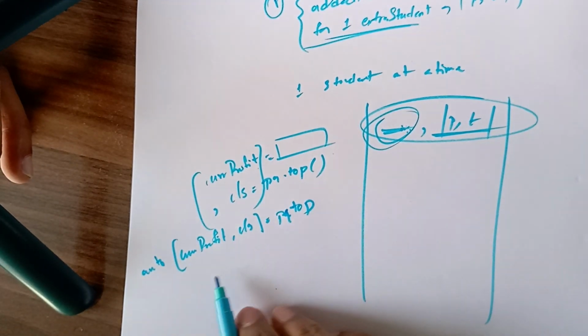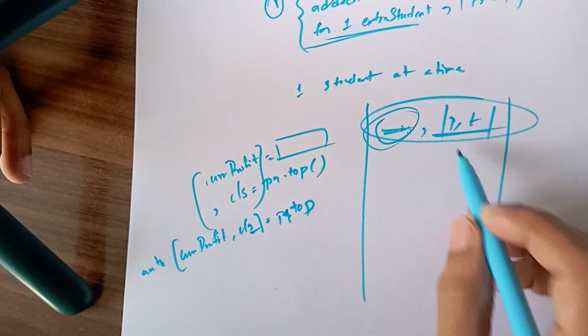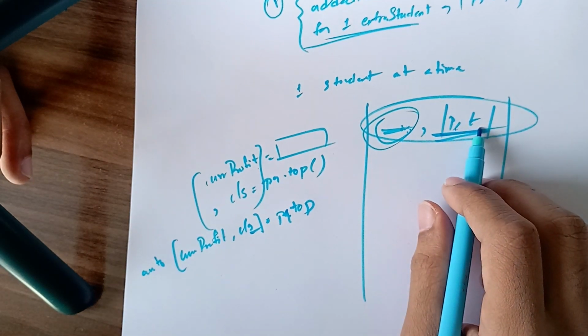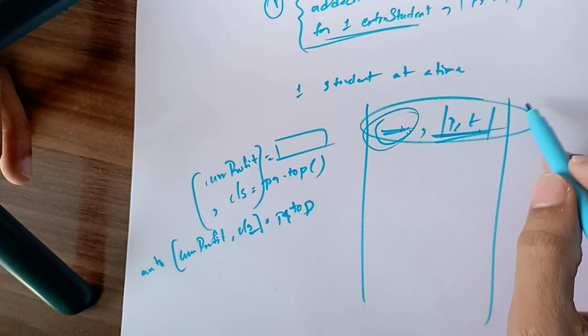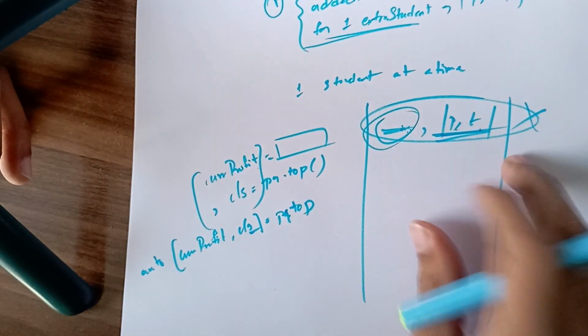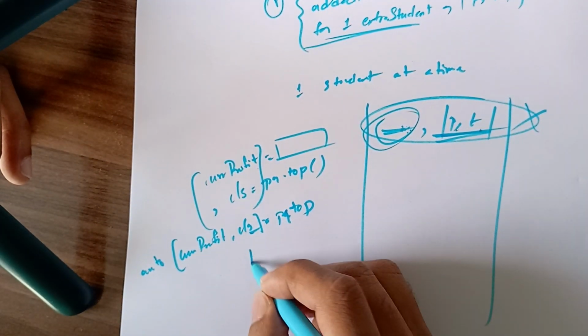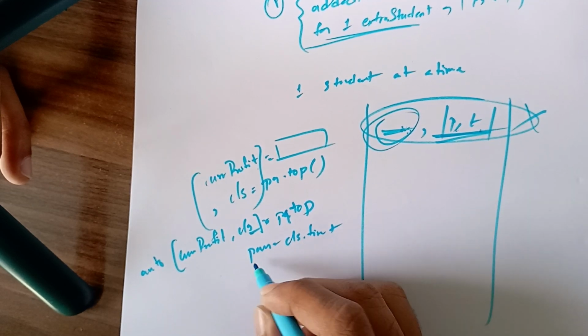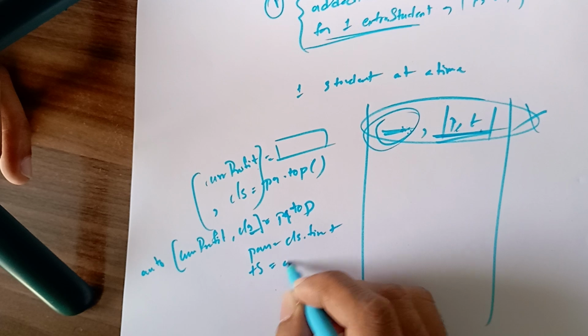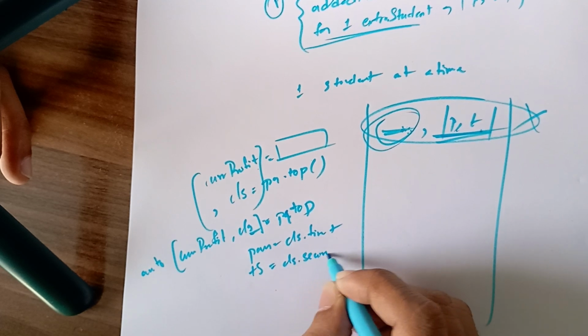So now this is the class. We are having the passing students and the total students. Now we have removed that from the priority queue. Now the passing students are class dot first, and the total students are class dot second.